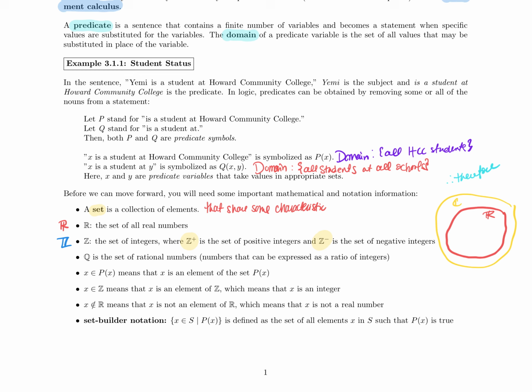There is a very special set that does include 0, and that would be the set of natural numbers, which looks like an N with an extra leg in the middle. That would be 0 and all of our integers in Z plus.